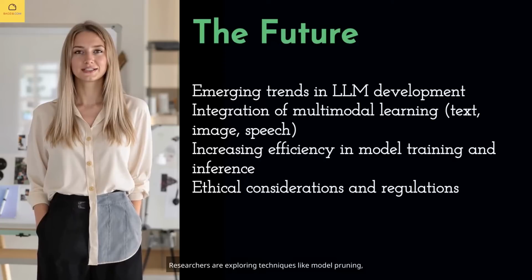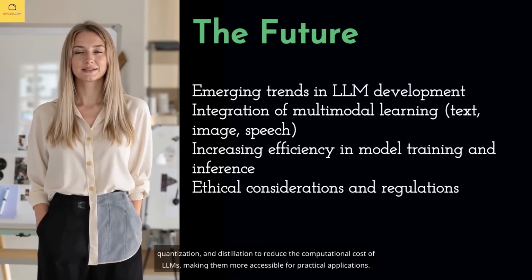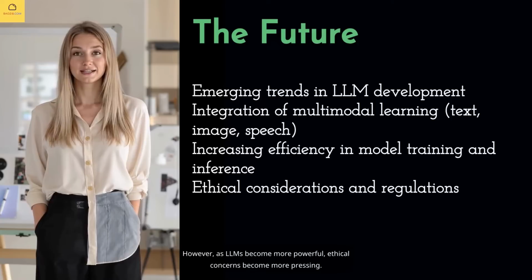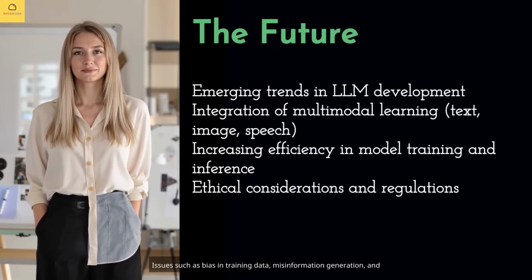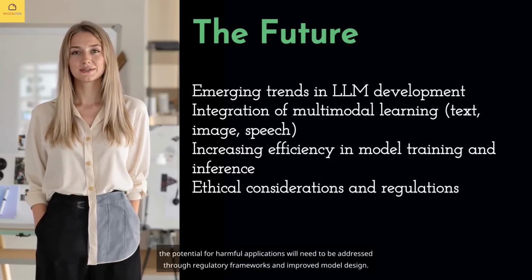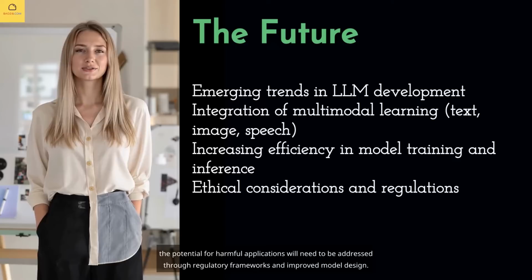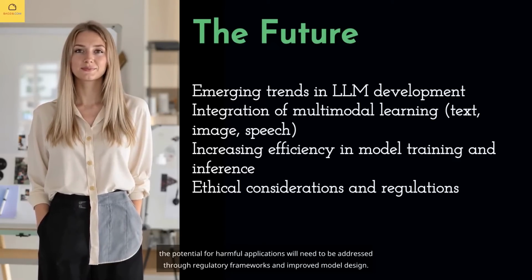Researchers are exploring techniques like model pruning, quantization, and distillation to reduce the computational cost of LLMs, making them more accessible for practical applications. However, as LLMs become more powerful, ethical concerns become more pressing. Issues such as bias in training data, misinformation generation, and the potential for harmful applications will need to be addressed through regulatory frameworks and improved model design.